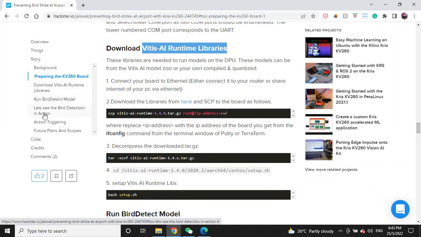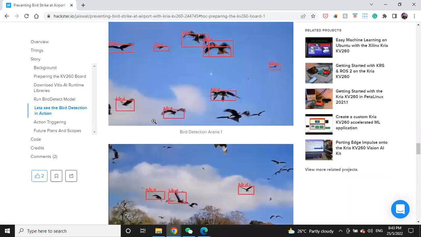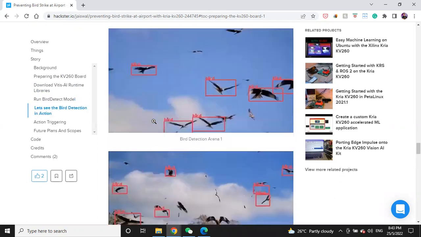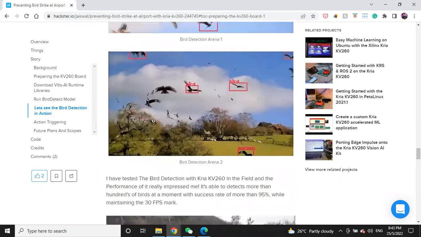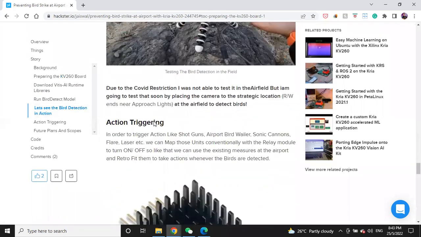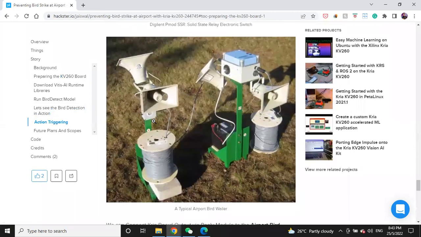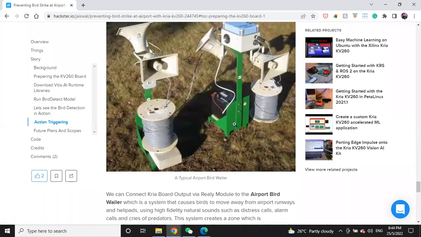In this case, sir, could you please scroll down to the bottom? Yeah, a bit more. So I used this relay module, a solid state relay by Digilent, and just beneath that there is a bird whaler photo.